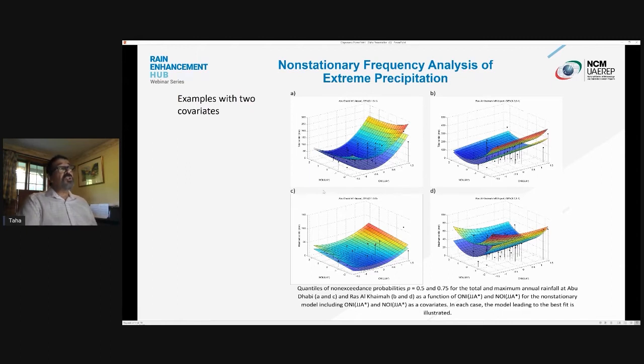So here I'm showing a number of indices and their impact on precipitation. This type of model is now becoming more and more used in a number of countries.